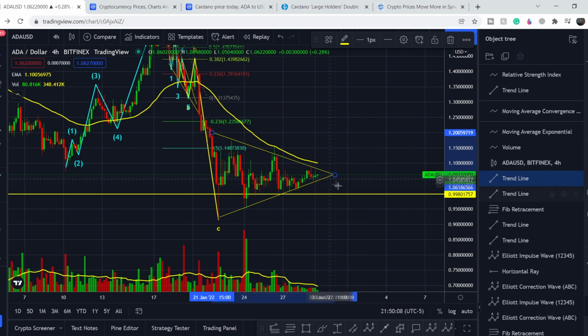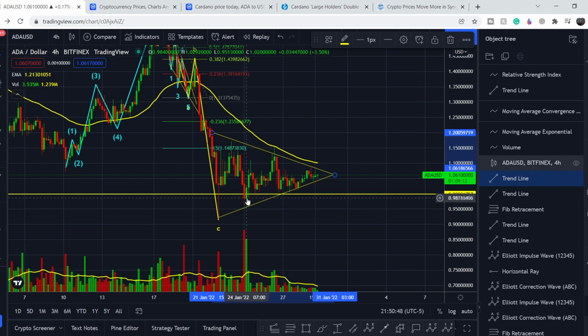And definitely we have to be cautious because of this. On top of that, we have this movement to the downside with an increase in volume, and then the next candle drives the price again inside this formation above the $1 price point. Definitely $1 is a very strong support line, and it is a bullish sign that we had a massive breakout below this range, but none of these candles closed below $1.